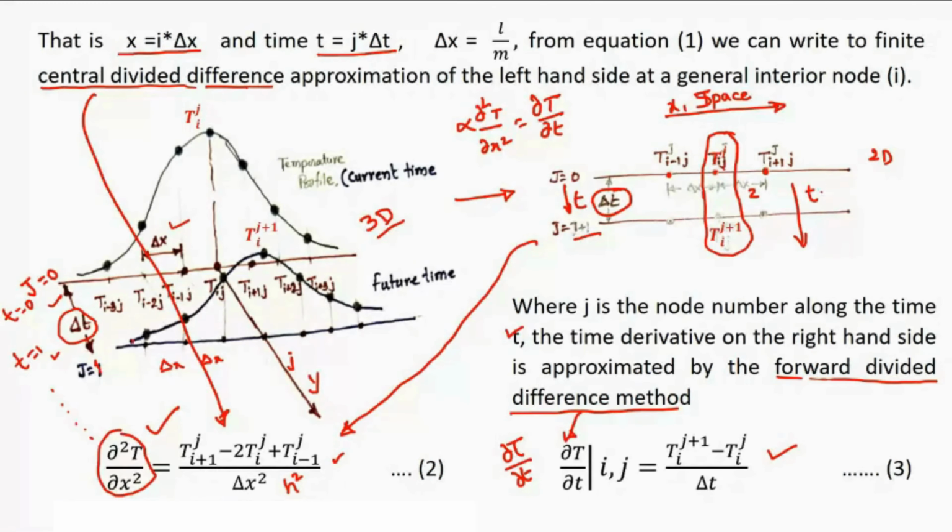Now you substitute these equations, and on simplification you will get the temperature at node i at the new location. This is the new location. We would like to predict the temperature at this location based on the information available here.